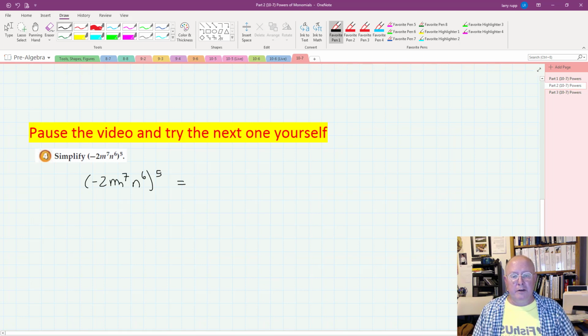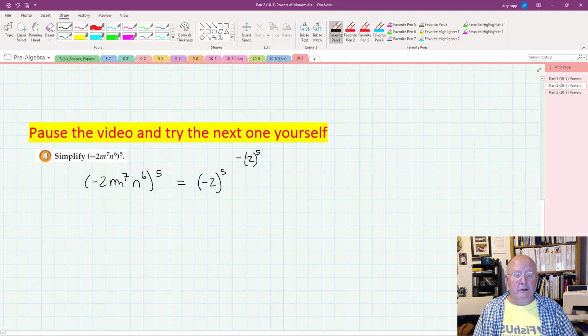Let's look at our numbers first. Here is a 2, and it has a negative sign in front of it, and it's being raised to the 5th power. What you need to understand is that it is negative 2 that is being raised to the 5th power. This guy right here is completely different than that one.